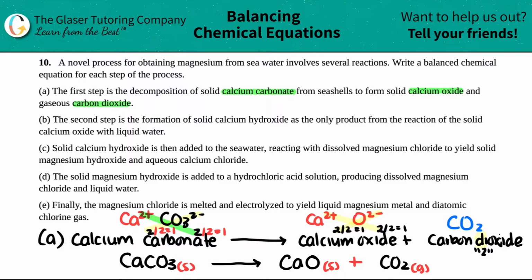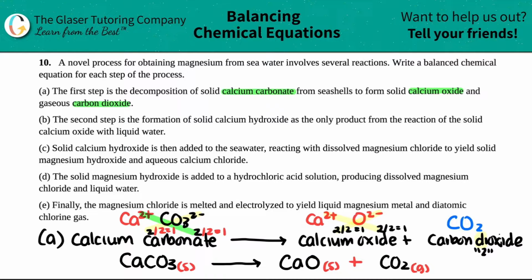Now, I just need to balance. Let's see. I'm just going to quickly look and see if anything looks out of the ordinary. I have 1 calcium here. I have 1 calcium here, so that's balanced. I have 1 carbon. I have 1 carbon. That's balanced. And I have 3 oxygens on the left side, but I have 1 oxygen here plus 2 oxygens here. 1 plus 2 is 3.